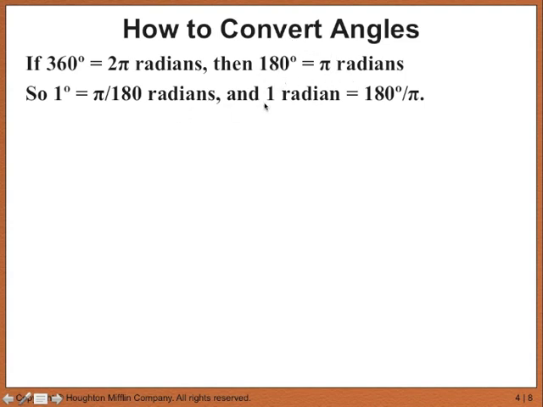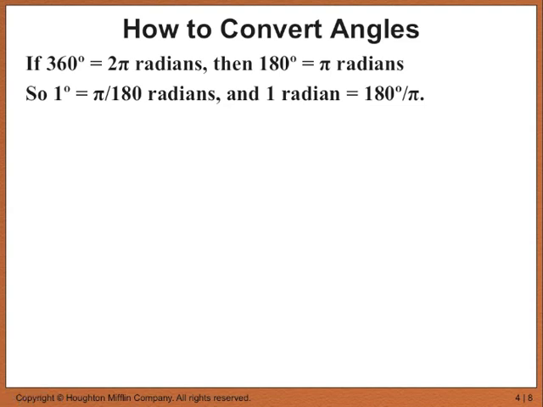And 1 radian equals 180 degrees over pi. So for that formula, we just looked at this equation here and we divided each side by pi. And so 1 radian equals 180 degrees over pi.